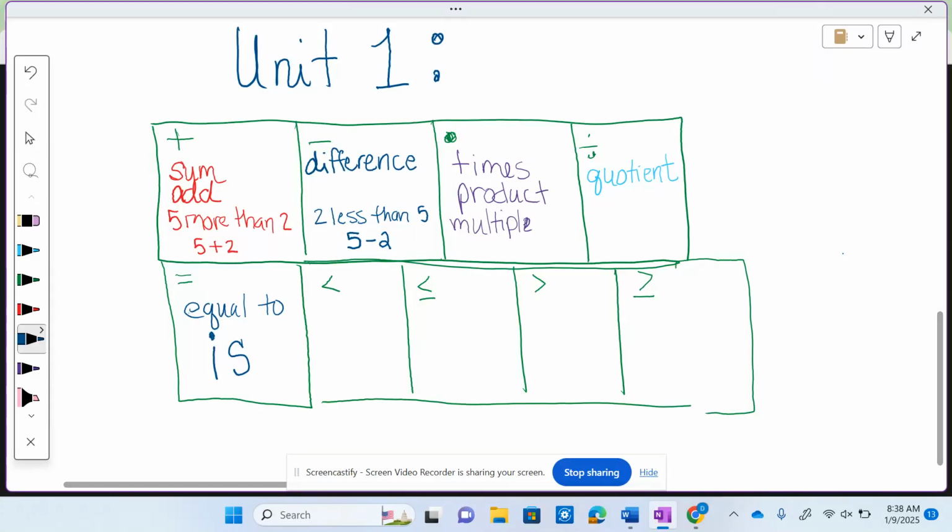Is. In a math statement, the sum of 2 and 5 is 7. Okay. We're not going to say is equal to. We're just going to say is. So look for that. Is means equal. Don't let that throw you off.